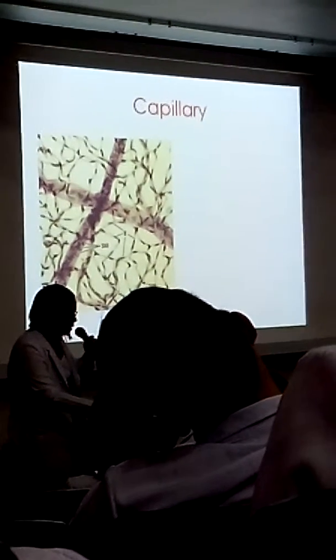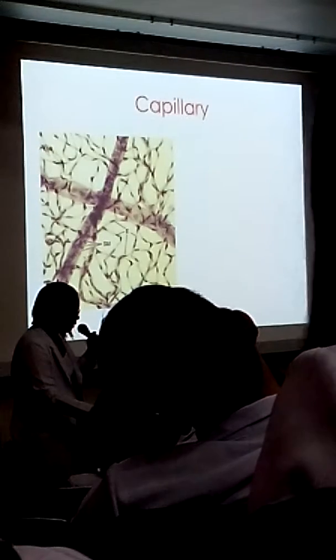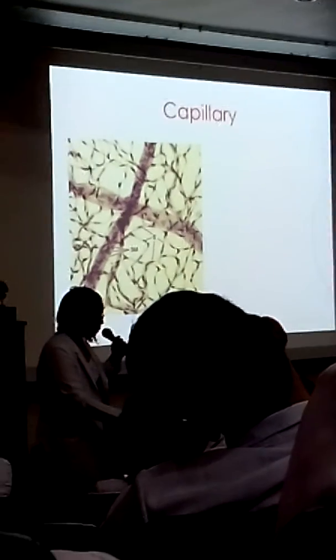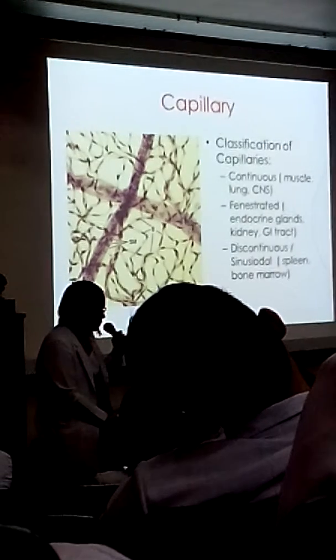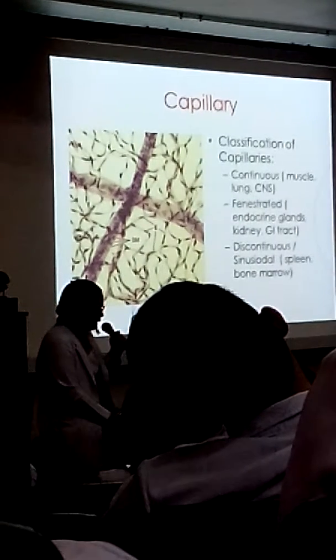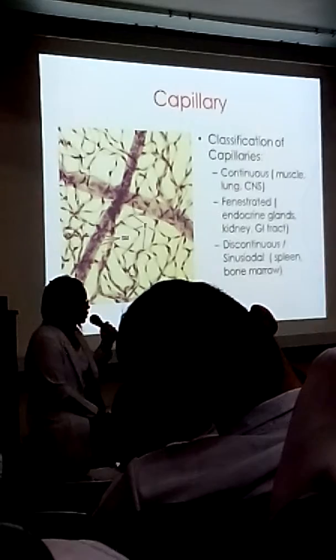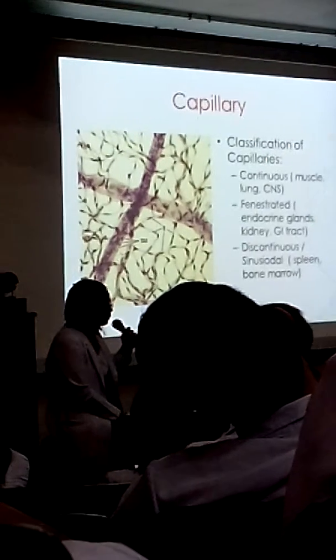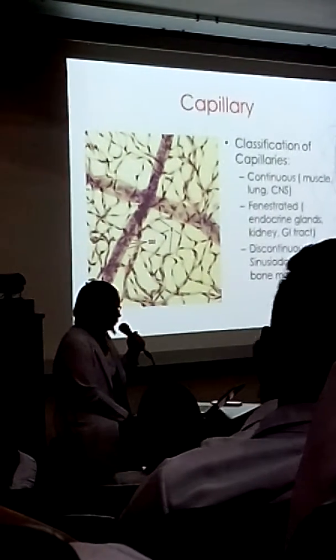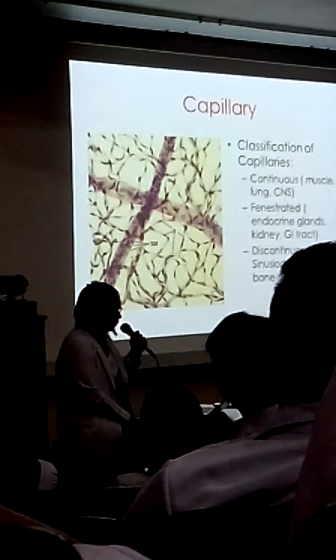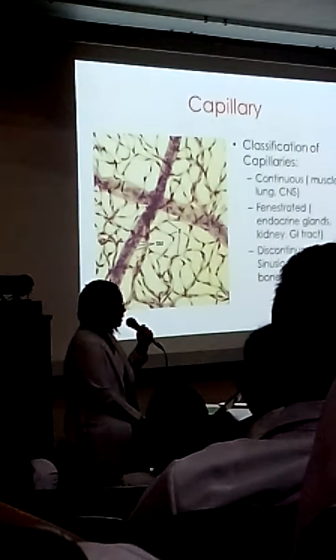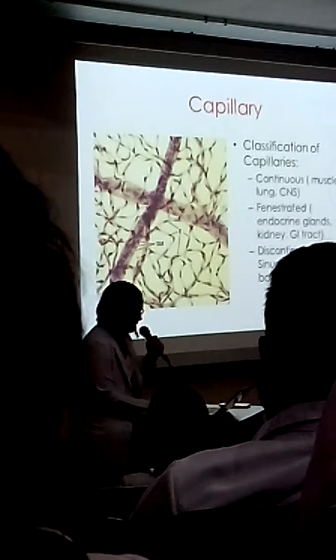So this is the smallest vessel, the capillary. It is composed of your endothelium and basal membrane. What is its function? Fluid, gas exchange, metabolites, waste products. What else? Basically, nutrients.